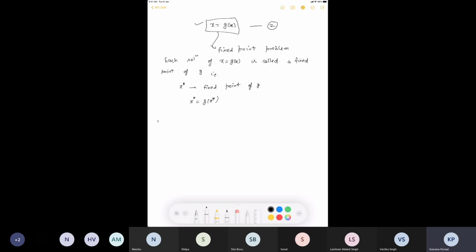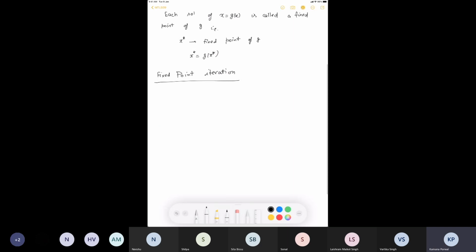Okay, so what is a fixed point iteration? Again, as we have seen in the other iteration methods, we start with the initial guess x naught, and we generate a sequence of iterates.